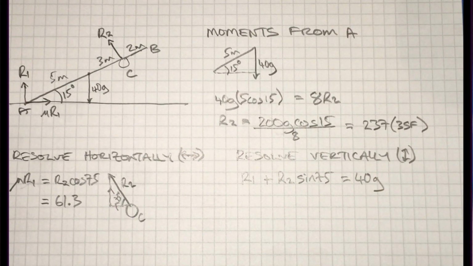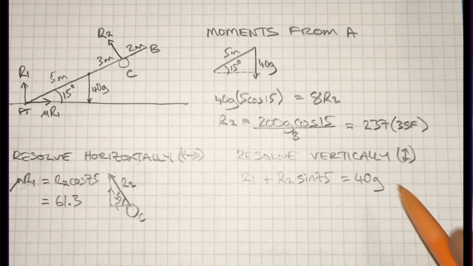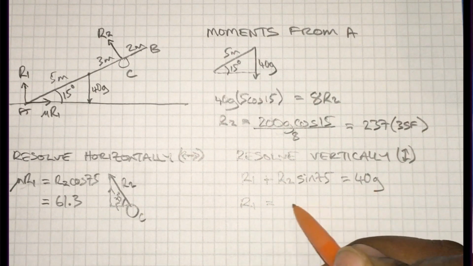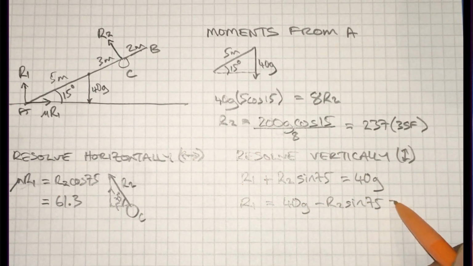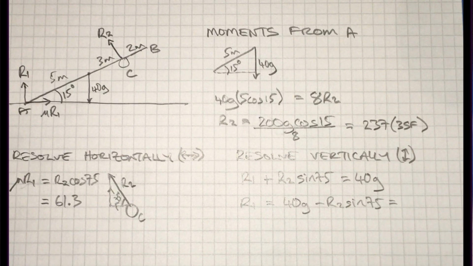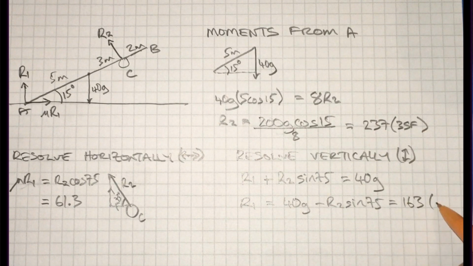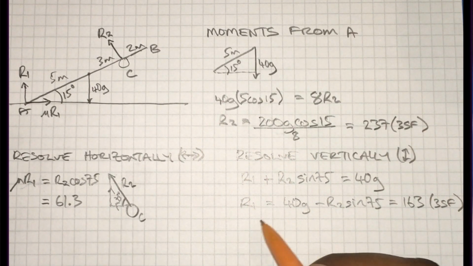All right, and I just really need to rearrange to get an expression or a value for R1. And then with mu R1 and R1, I can use them to find out exactly what mu should be. Okay, so 40G minus R2 sine 75. This can go into the calculator, and we get 163 to three significant figures.